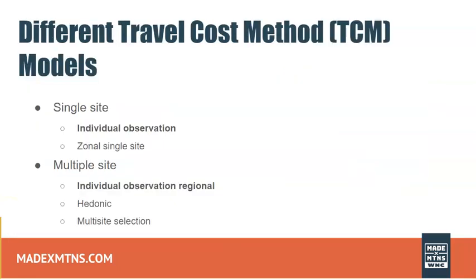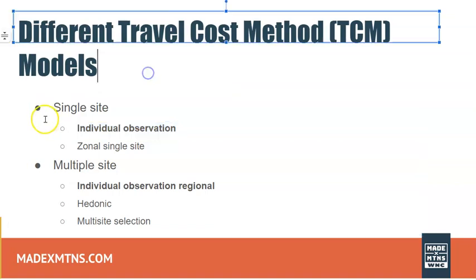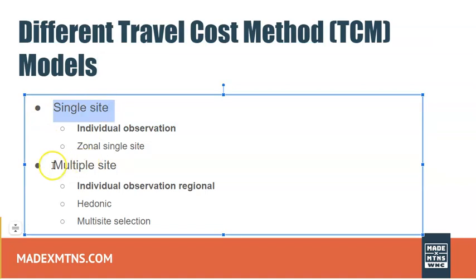And the two travel cost method approaches we're going to be using are both individual observation based, which means we collect data from individuals who participate in recreation. And sometimes we collect data from individuals who don't participate in recreation to get some information on that participation decision. But anyway, we'll do this for a single site and for multiple sites.